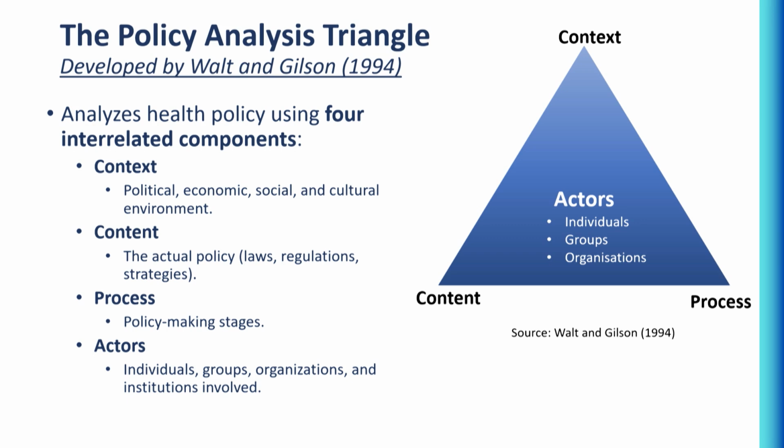Yesterday, if you recollect, Karina, in one of her slides, she has already started talking about the various forms of context. Content is the actual policy, the laws, the regulation, the strategies. Process is the policy making stages. Actors could be individuals, groups, organizations, and institutions involved.